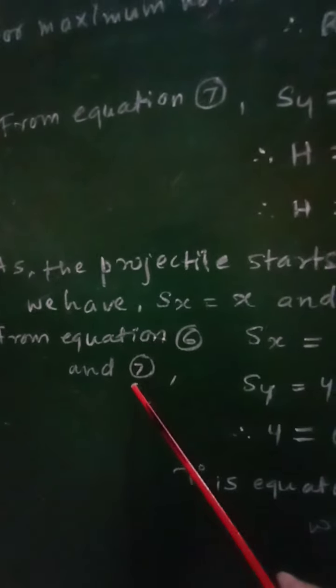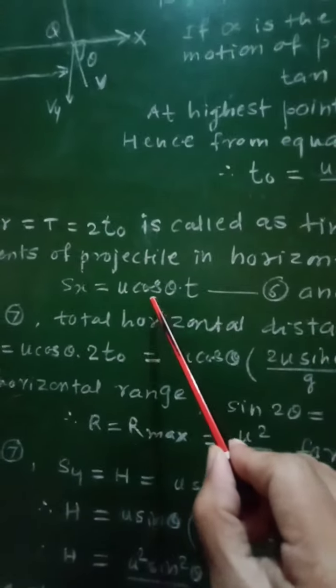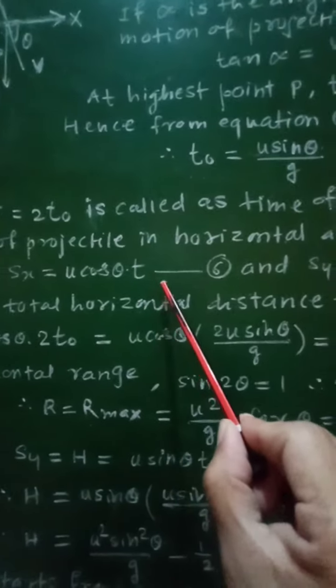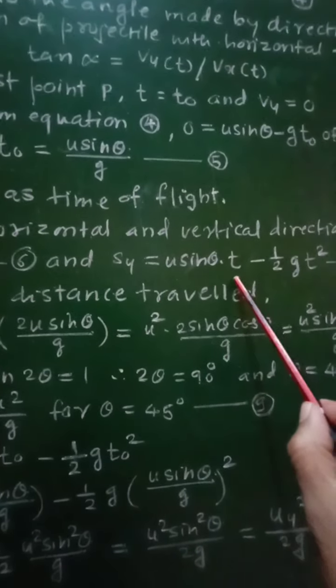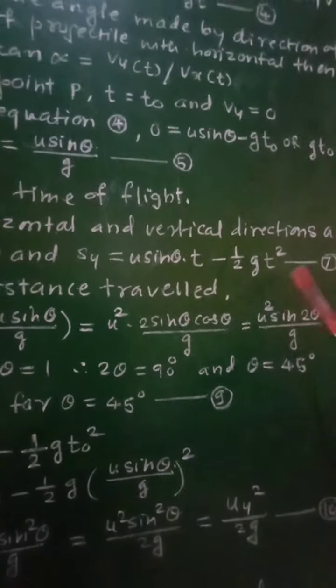And therefore from equations 6 and 7, that is Sx equal to u cos theta t and Sy equal to u sin theta t minus half gt square, we can write the equations for Sx and Sy.